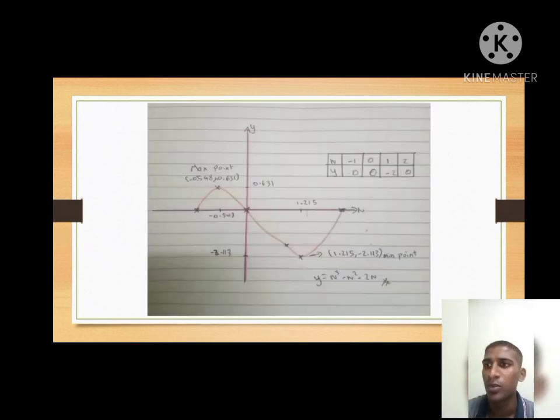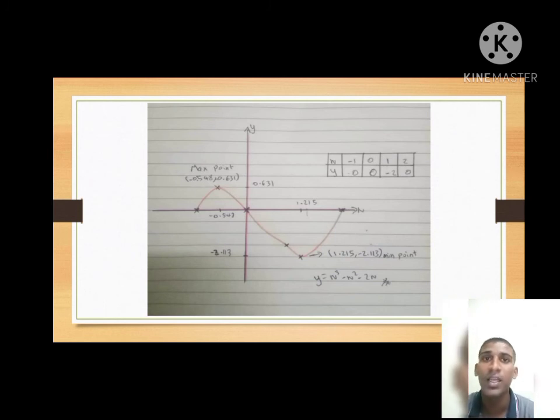So this is our graph. To plot the graph, we must have an x axis and a y axis. We use our old formula, y equals x cube minus x square minus 2x.